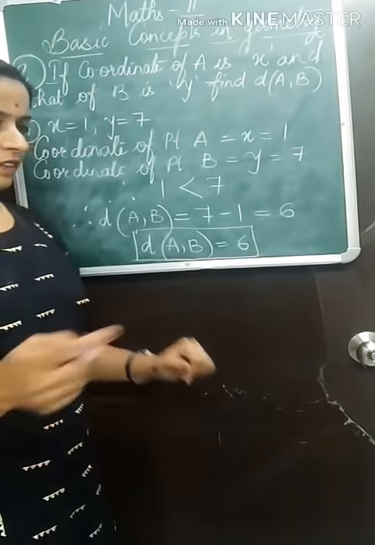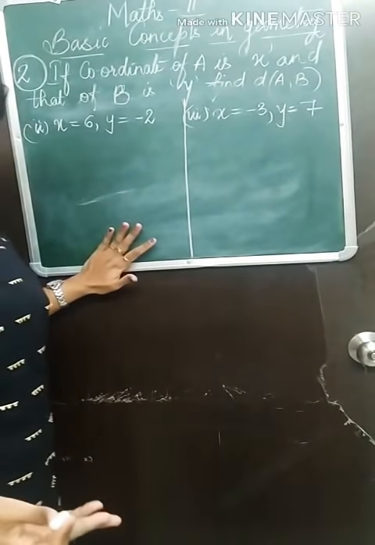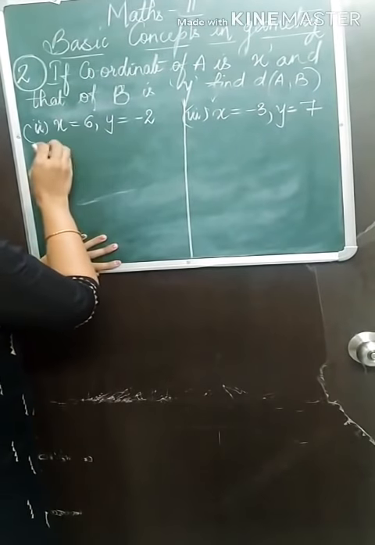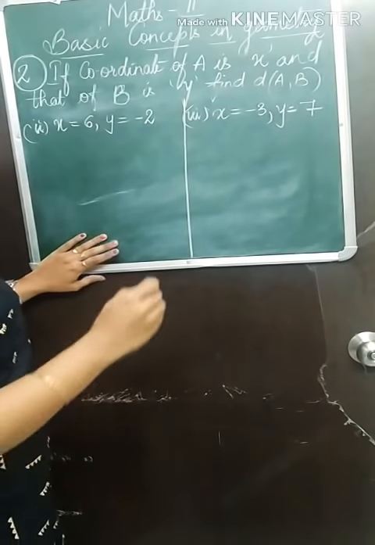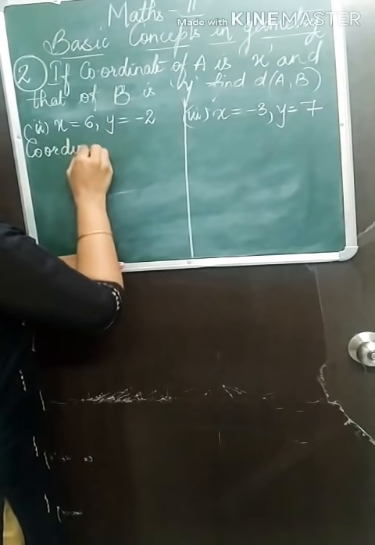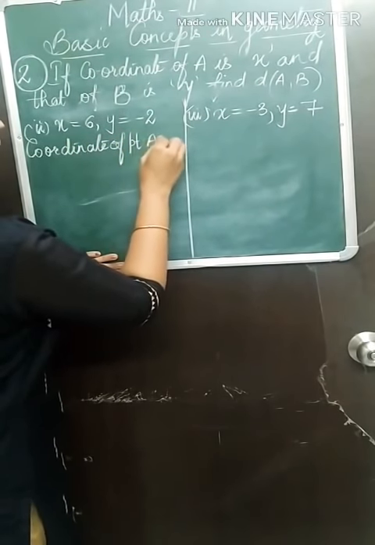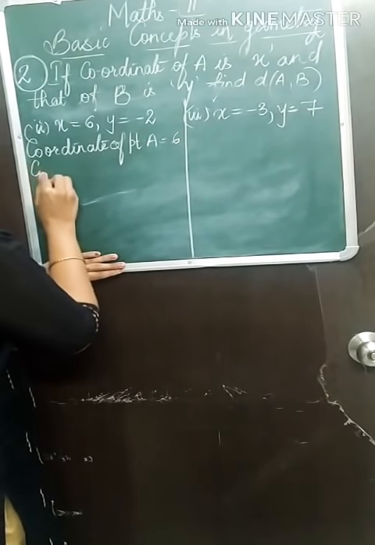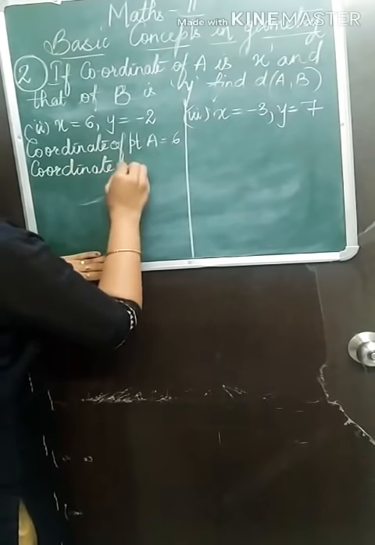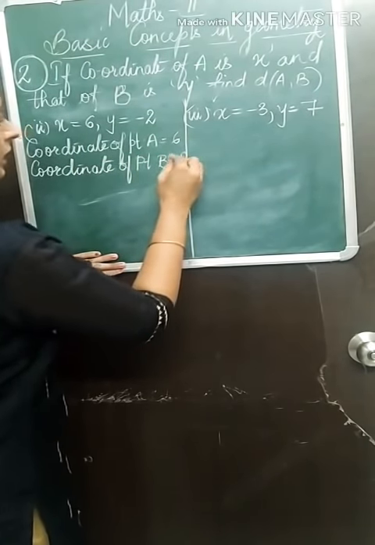Simple. Now I have written the second and the third question. Find the distance between A and B. X equal to 6. So you will write coordinate of point A equal to 6. Coordinate of point B equal to minus 2.